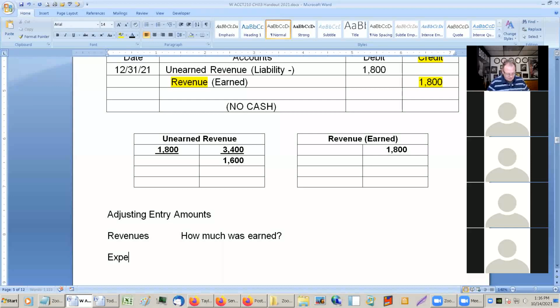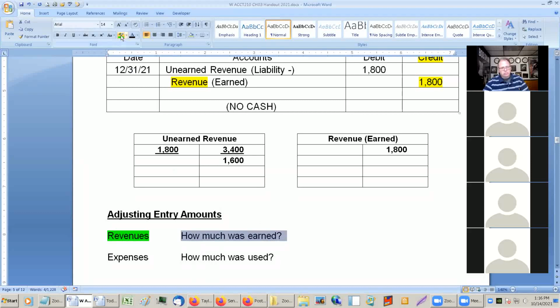If there are expenses, so adjusting entry amounts, again. So if they are revenues, let's make revenues green. Okay, so how much was earned? If they're expenses, how much was used?